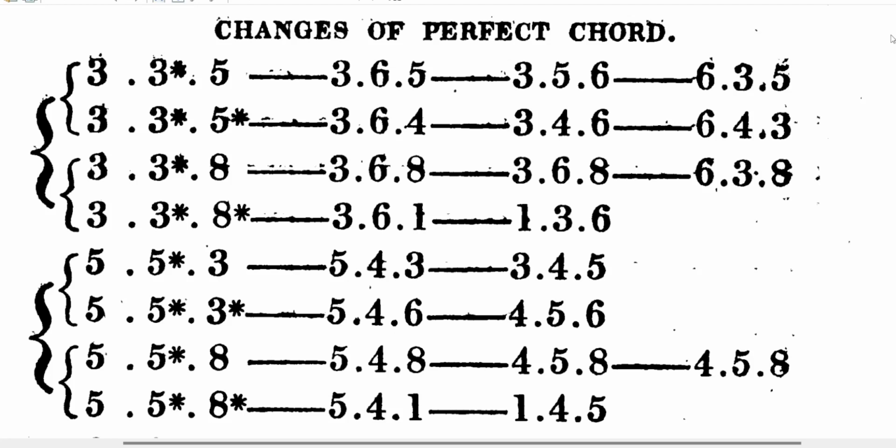The next iteration of this, the fifth forward, the fifth backwards, and the third backwards, giving us 5, 4, 6. Also written as 4, 5, 6.